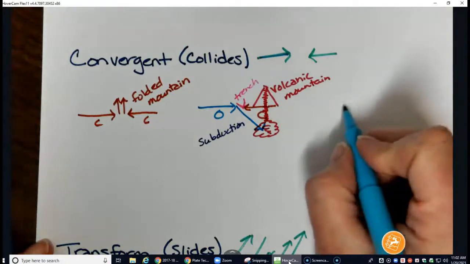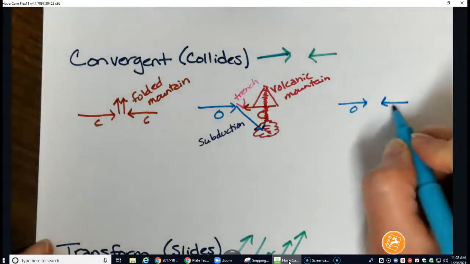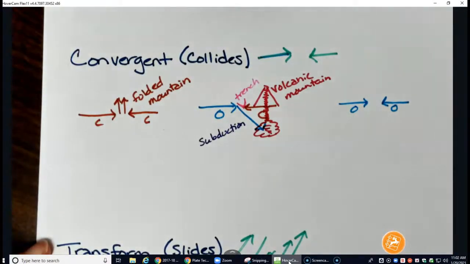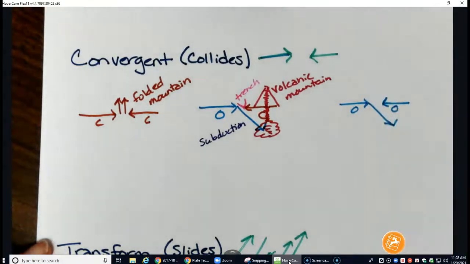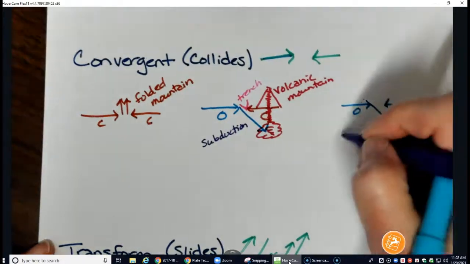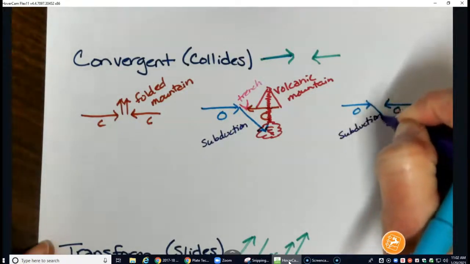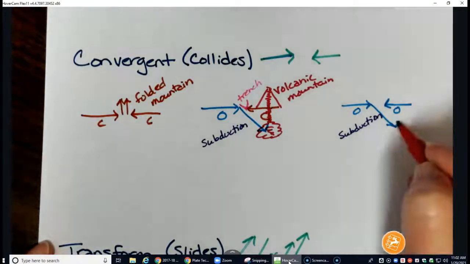Now, we could also have an oceanic plate colliding with another oceanic plate. When this happens, whichever plate is older tends to be more dense, and that plate will be subducted. So again, we still have that process of subduction taking place. If we have oceanic crust, there's going to be subduction. Now this plate is going to be destroyed again.